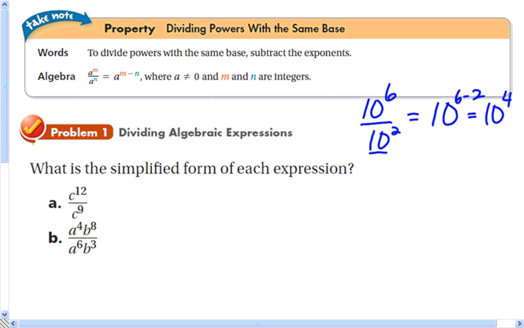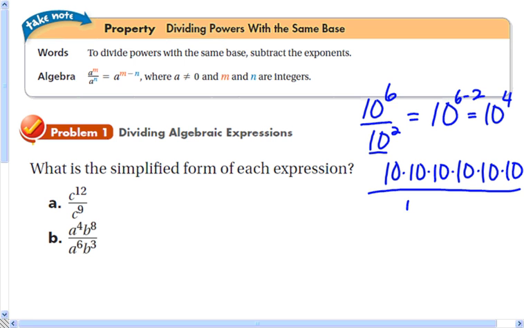So it makes sense that we just do 6 minus 2, which is the 4th power. Because dividing, which is what subtracting exponents is doing, is taking away from the number of times that we multiply by. Another way you can look at it is this. Let's say I expand 10 to the 6th like that, and I divide it by 10 to the 2nd expanded.